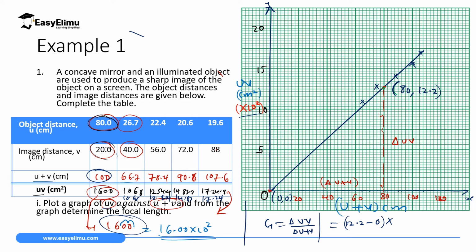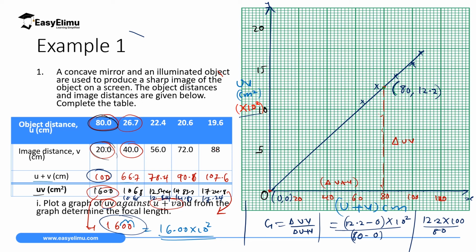There is a multiplication of times 10 raised to power 2, then divide by 80 minus 0, then we don't have any raised to power here. So in this case, what we are going to get is 12.2 times 10 raised to power 2, which is like times 100, all over 80.